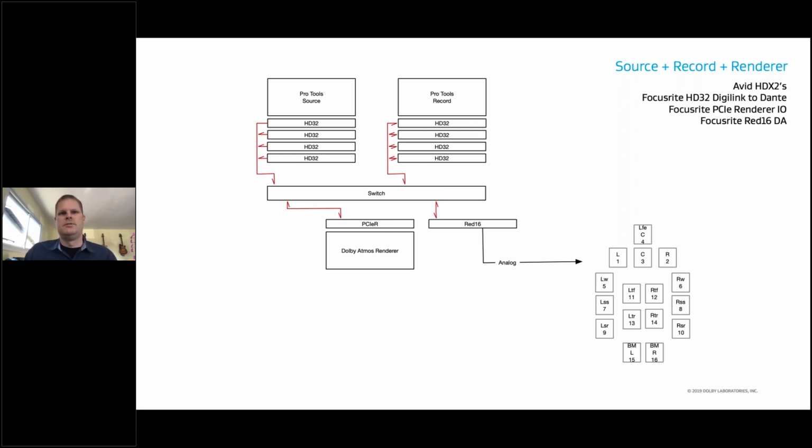Coming back out using something like the Red 16 Line device, you get out to your analog speakers. Again, that's a 9.1.4 room with 2 channels for bass management. So all of the surround speakers would be bass management left, bass management right, and feeding into these 2 channels.